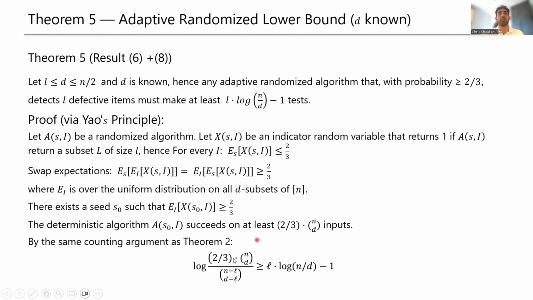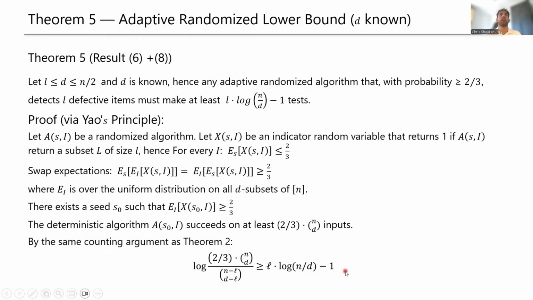And from there, we can plug this information where A succeeds on at least 2/3 of the group. So if you plug it here, we get 2 divided by 3 times N choose D divided by N minus L choose D minus L, which is greater than L log N divided by D minus 1.